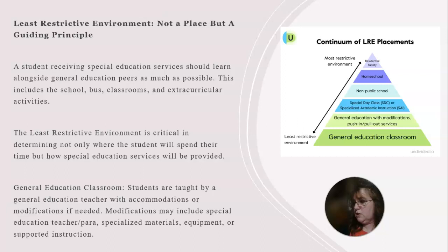For some students, the general education classroom is not necessarily the least restrictive setting, and you have to consider the student's unique goals and needs, and you have to take into account the parent and student preferences, the academic and behavioral functions and the social emotional benefits of it, the effect on peers, whether it's favorable or unfavorable, and the balance of the delivery of an appropriate education that results in progress and being educated alongside students with disabilities, and also how accommodations or modifications will actually support the student.